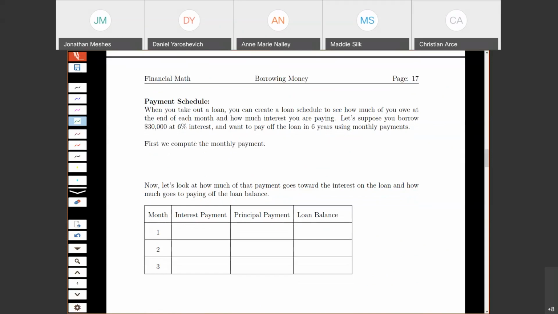When we take out a loan, we can create this loan schedule to see how much we owe at the end of each month, how much we're paying, and how much of that goes towards interest and how much actually pays down our loan. Let's suppose we're borrowing $30,000 at 6% interest, and we want to pay off the loan in 6 years using monthly payments.